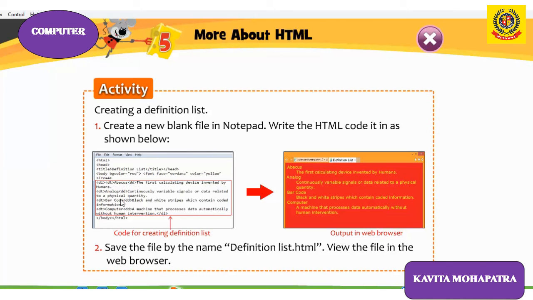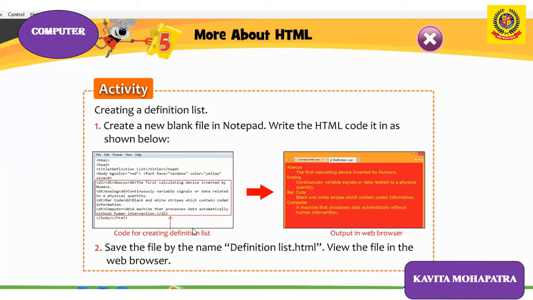Then the third term, barcode, and you explain barcode: black and white strips which contain coded information. Then the term computer, and you describe it with DD. You can see in the output one term is given, one description is given, and you have to start with DL and end with DL.